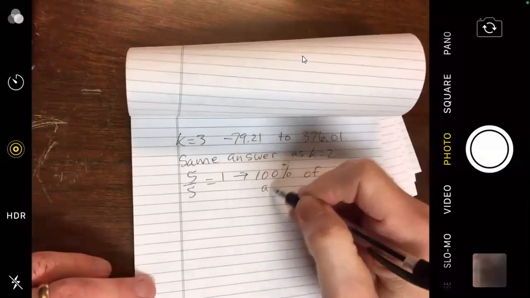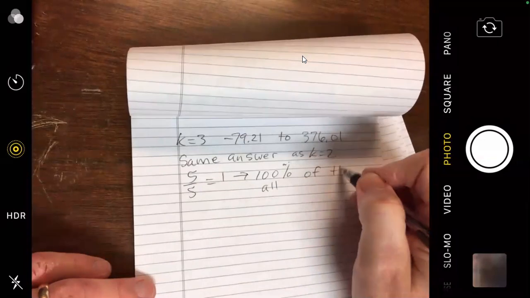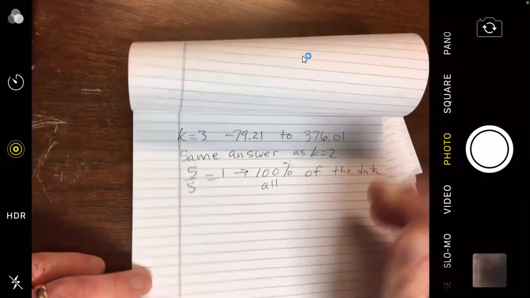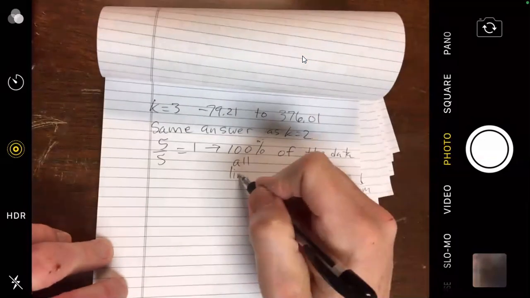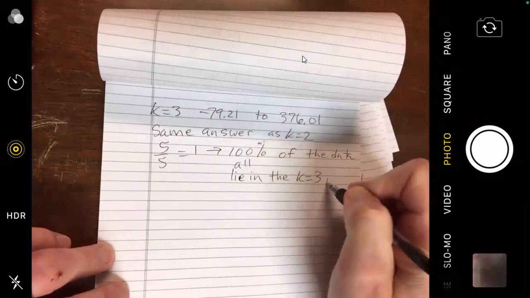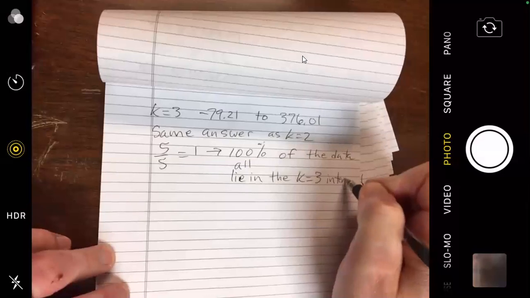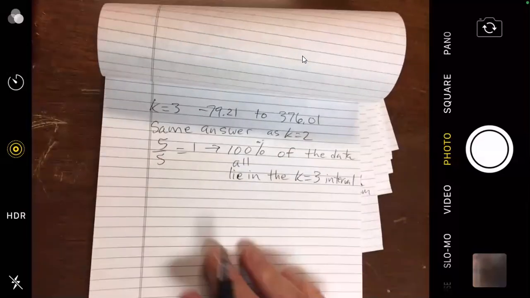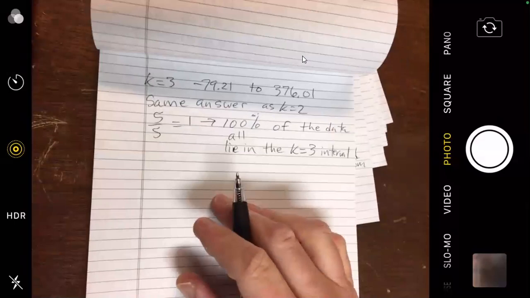In other words, all the data lie in the k equal 3 interval. We have these answers written down, and we're going to refer back to them.